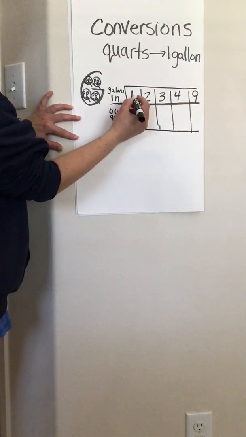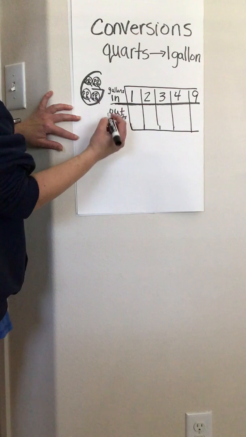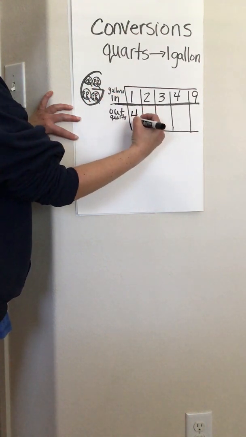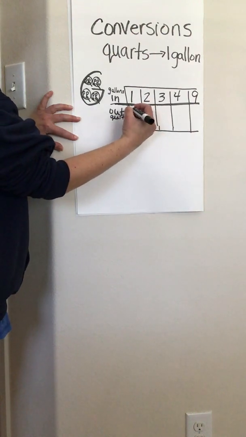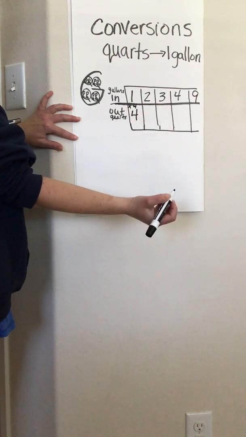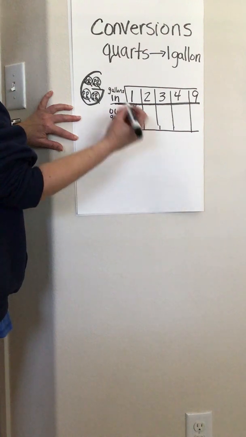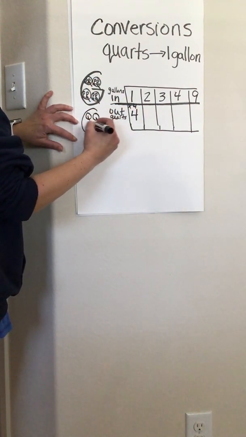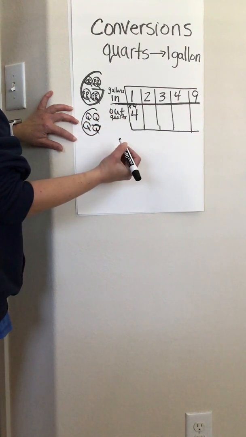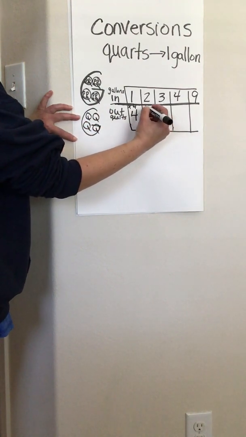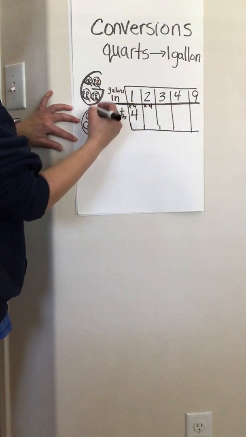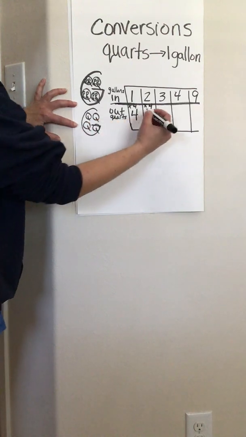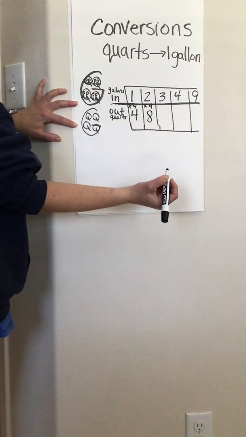Okay, so you're going to have 1 gallon. Well, how many quarts are in a gallon? In 1, there are 4. So 1 group of 4. That means that we're multiplying by 4s. In 2 gallons, if we had another gallon, within 2 gallons, we would have, well, we're counting by 4s again, 4, 8. 2 groups of 4 is 8.